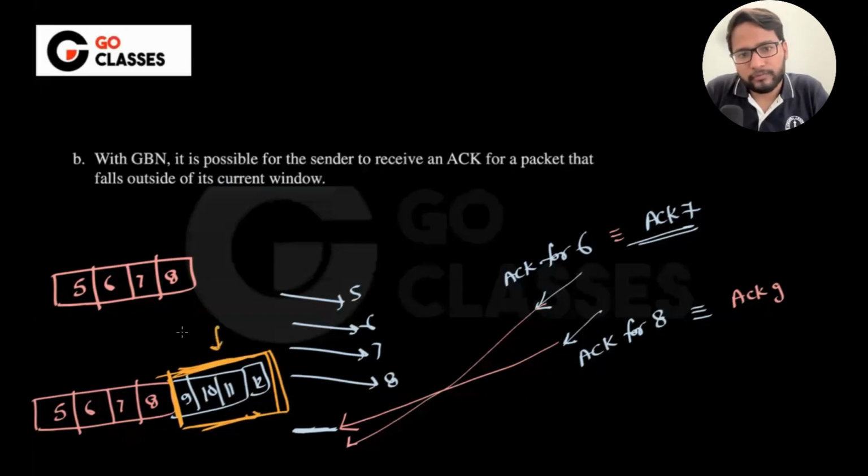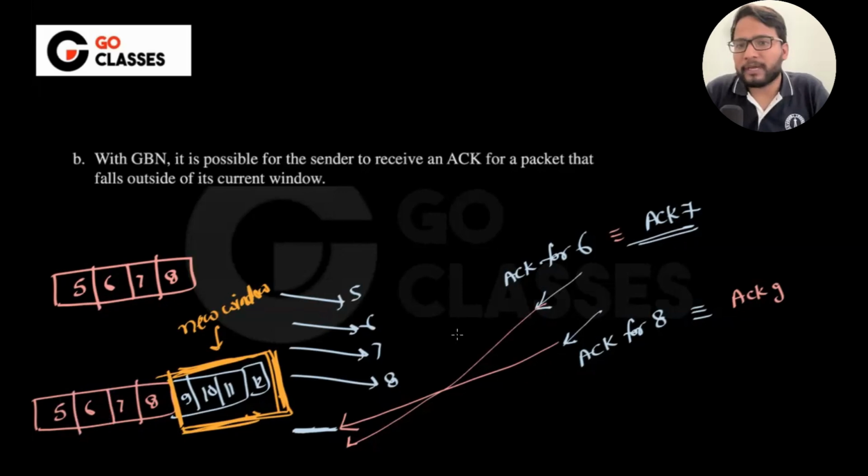This is your new window. Now, after shifting to this new window, if you get the ACK for 6, isn't it falling outside the window? Yes, right? The ACK for this particular packet definitely falls outside the window.